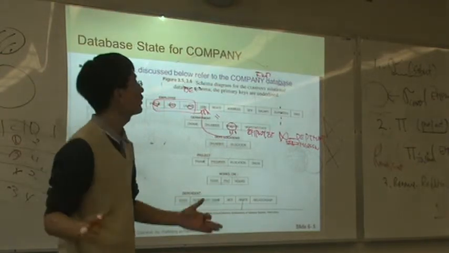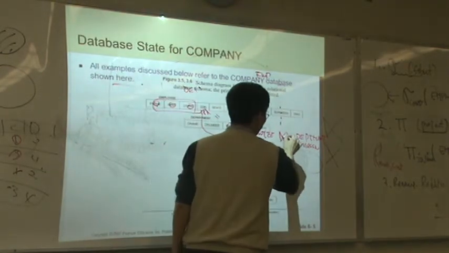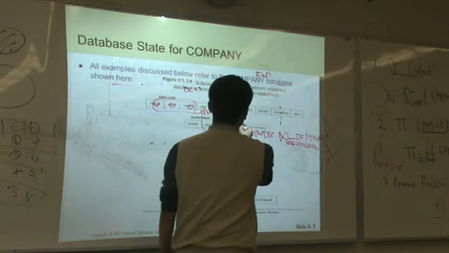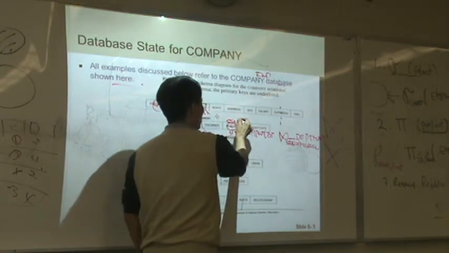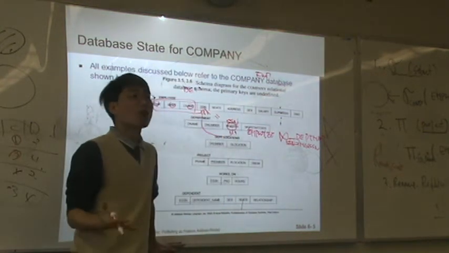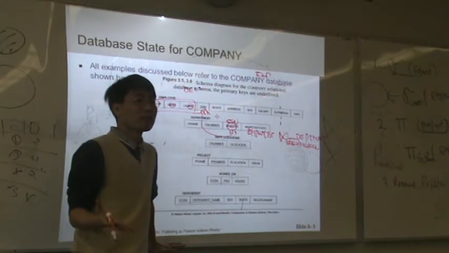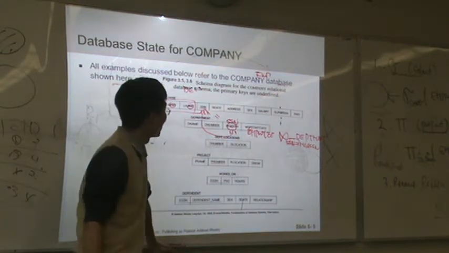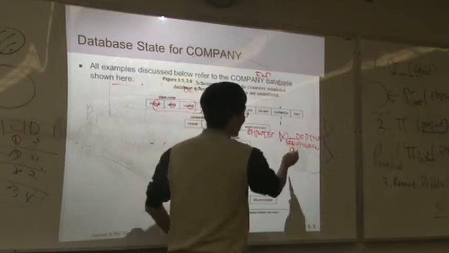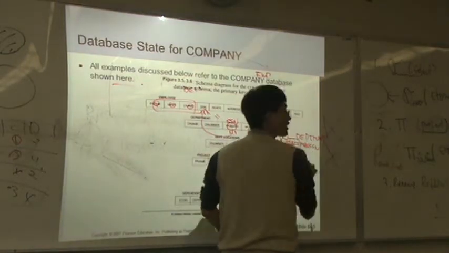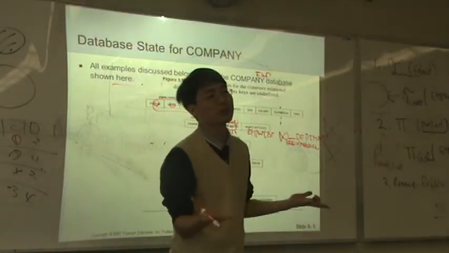Right? What if somebody uses SSN for this? No problem. Right? You can name it as you want. SSN is equal to SSN. It's very hard to recognize which one is which.